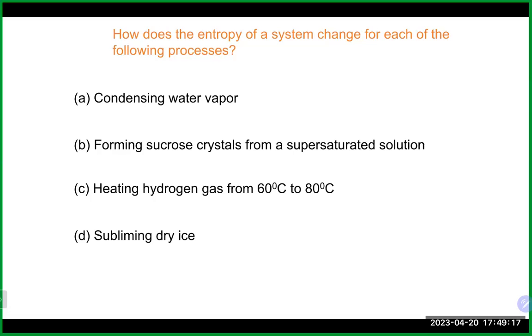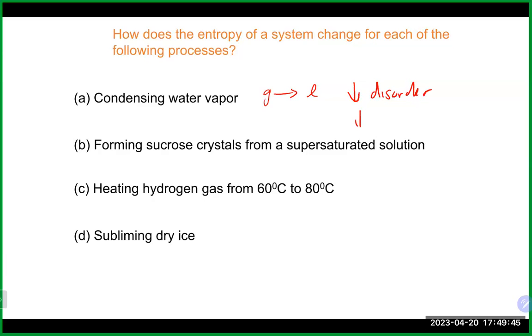So first one, we're going for condensing water vapors. Condensing means condensation, and that is basically going from gas back to liquid. So definitely we're going from gas, which is a lot of disorder, everybody flying around, to liquid, where obviously they're much closer to one another, not moving around as much. And that's going to decrease the disorder, right?